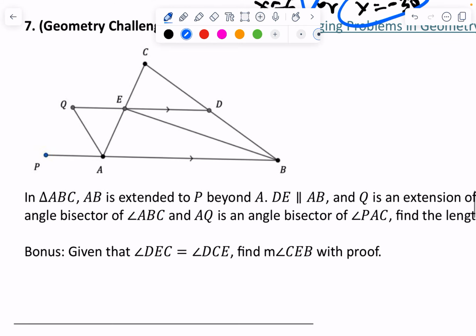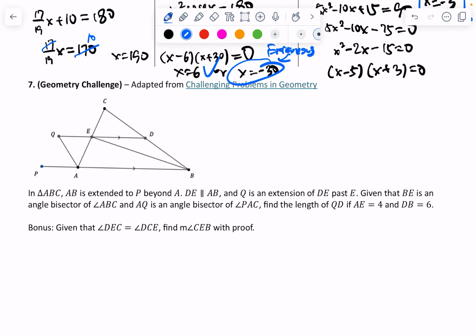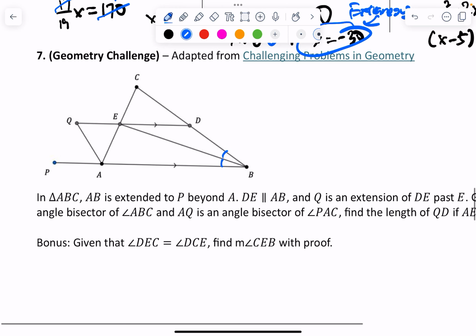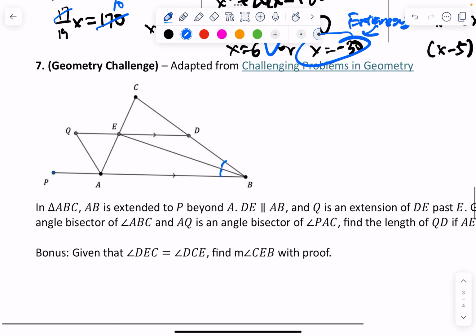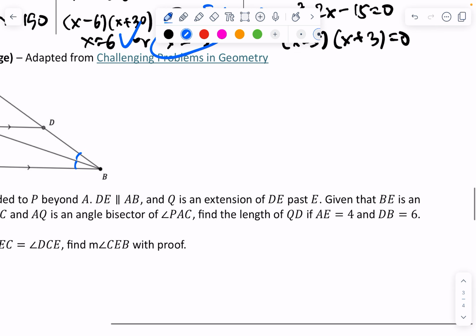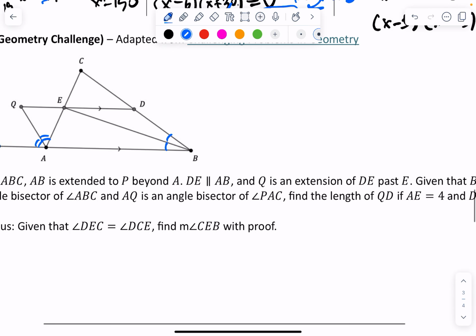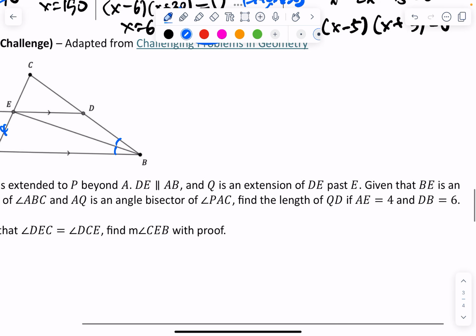Okay. So for geometry problems, the first step is to read the problem and mark what you know. So we know these two angles are the same, right? Because BE is the angle bisector, and these two angles are the same. Same thing, angle bisector. I want to find the length of QD if AE equals 4 and DB equals 6.